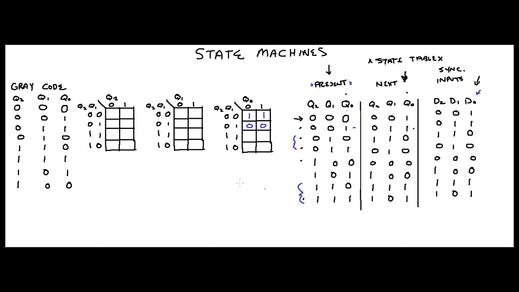Remember, the Karnaugh map is not written in the same order. So if you notice, 1, 1, these are both 1, right? And now we go to the 1, 0s, which is right here. And what's that going to be? It's going to be 0, 0, right? That's a 0, and that's a 0, so that's a 0, 0.